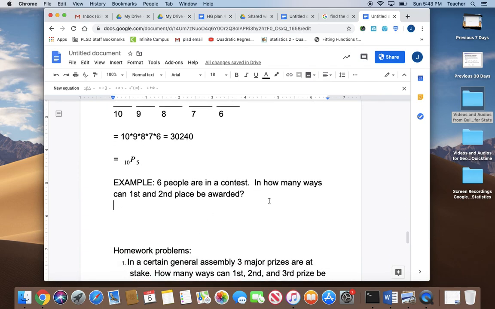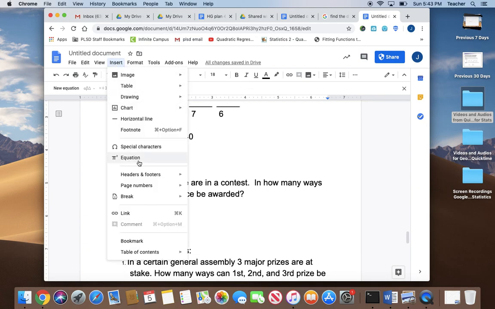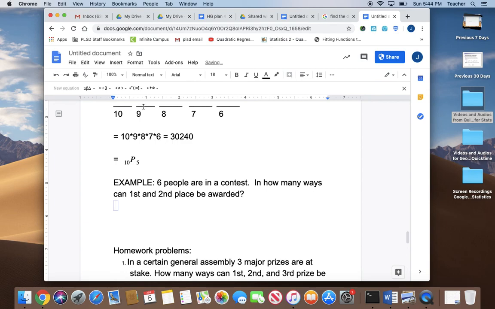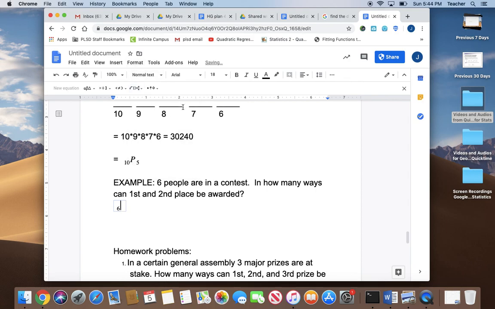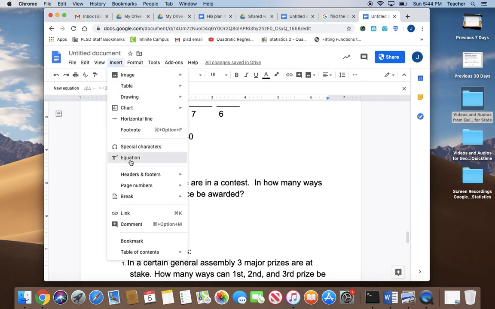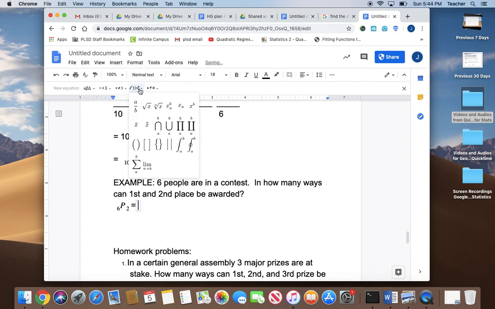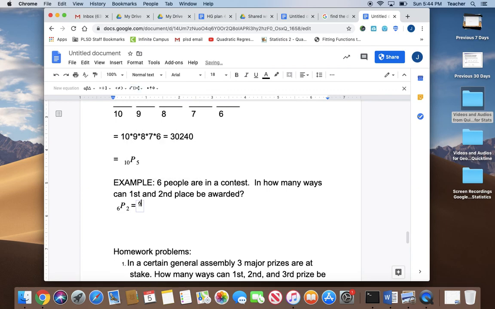How many ways can first and second place be awarded? So this would be the same, in this case, as 6. Okay. And I'm going to pick 2 of them. I'm going to pick a first and a second place. Okay. And so if I calculate that out, that would be 6 factorial over n minus r factorial.